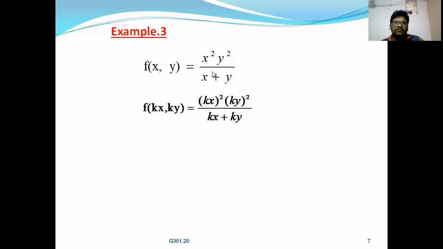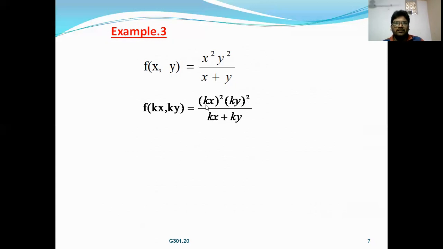So we have to show this function is a homogeneous function. You have to substitute in the function: x is replaced by kx and y is replaced by ky. On the right side also the same: kx whole square plus ky whole square by kx plus ky.